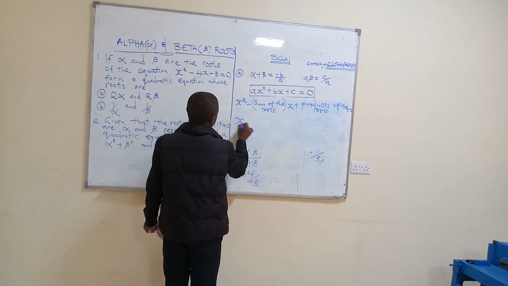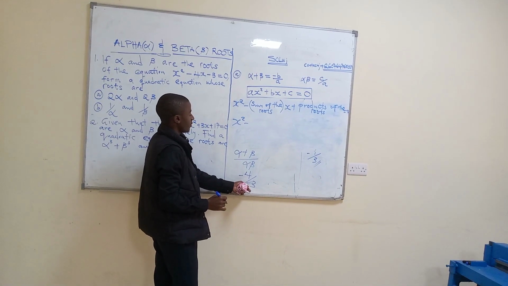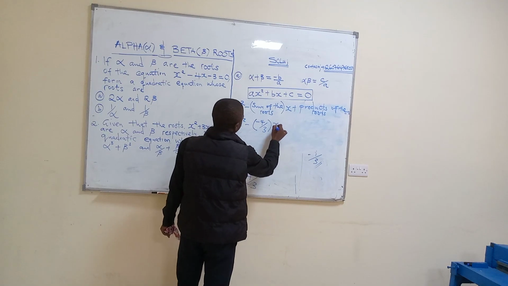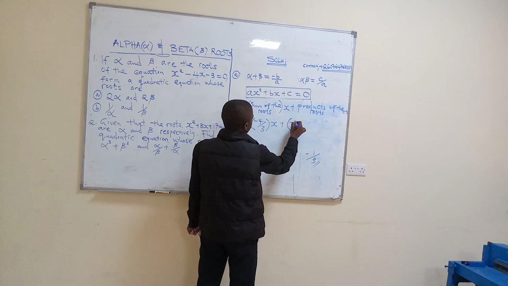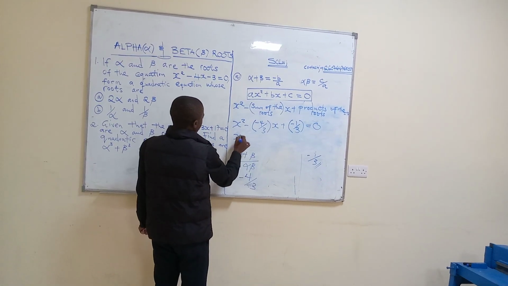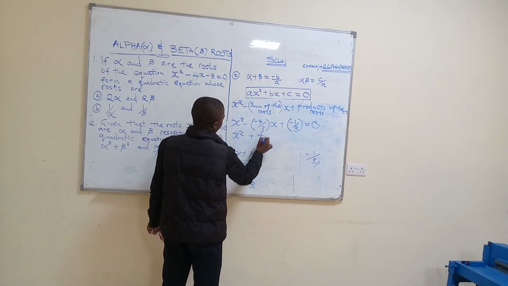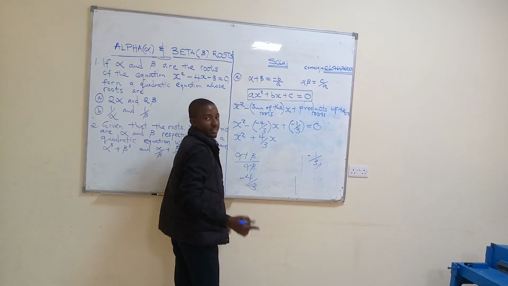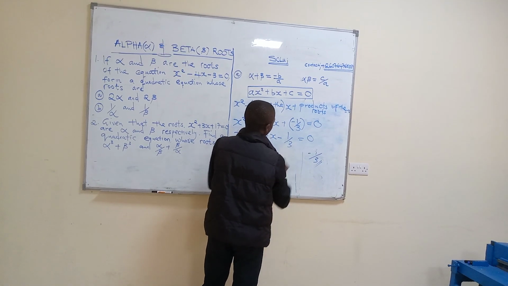So that is x squared minus sum of the roots, negative 4 over 3, so negative 4 over 3 x, plus the product of the roots, negative 1 over 3, is equal to 0. So that is x squared, negative times negative is plus 4 over 3 x, positive times negative is negative, so minus 1 over 3 is equal to 0.